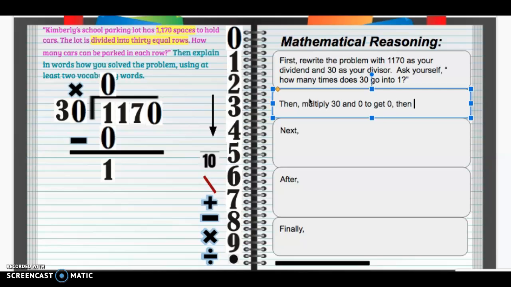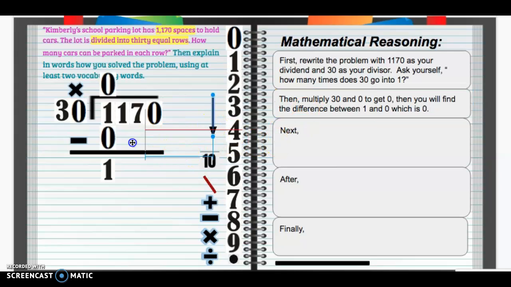Then you will find the difference between 1 and 0, which is 0. Okay, so next you're going to bring down the 1. Bring down that 1.